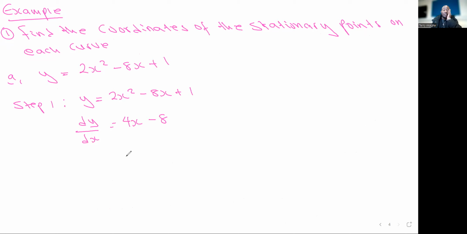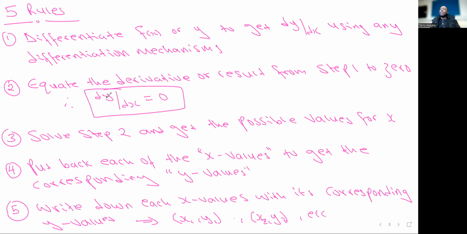Like I always say, please go back and review the previous video, especially on how to differentiate, so that you know how to differentiate. Is that okay? Then step 2, after we differentiate this, we have to equate the derivative, the result we got from step 1, to 0.